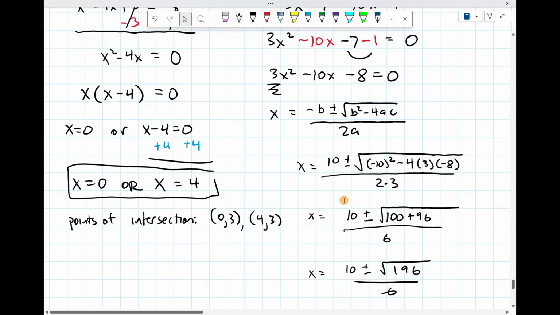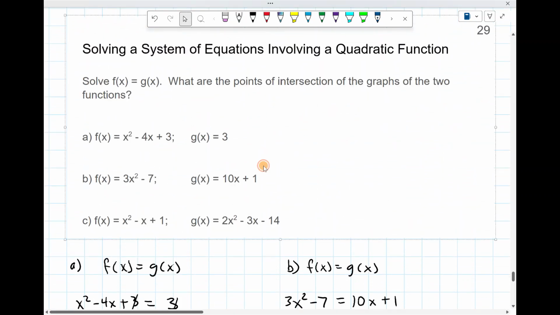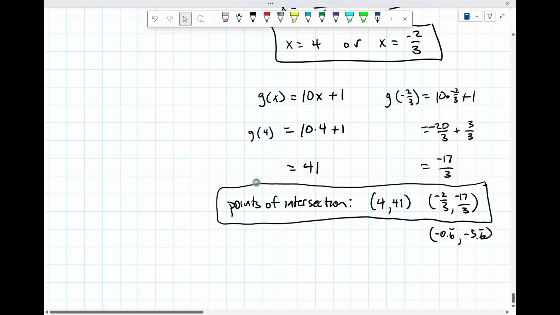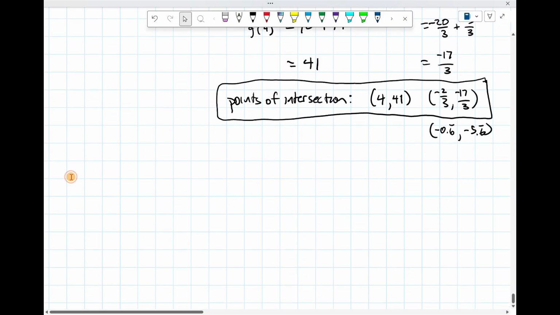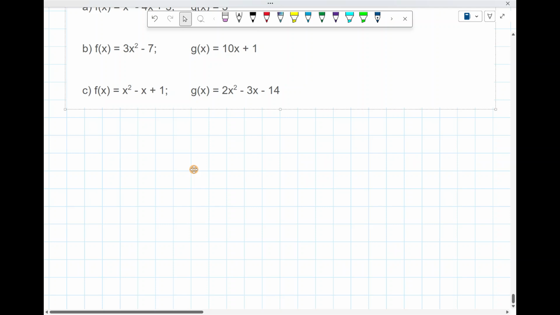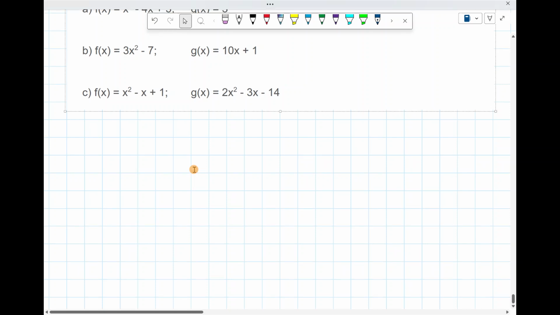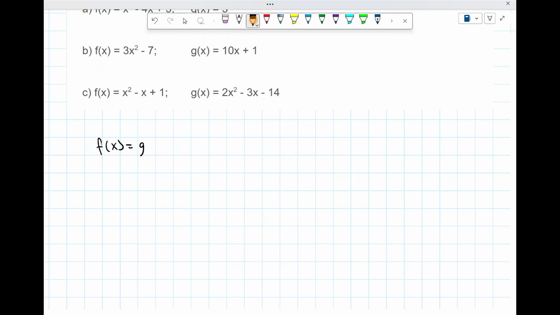All right, we have one more problem that we're going to try. Which is part C. So for part C, again, we'll start with f of x equals g of x. We'll plug in both of our equations.